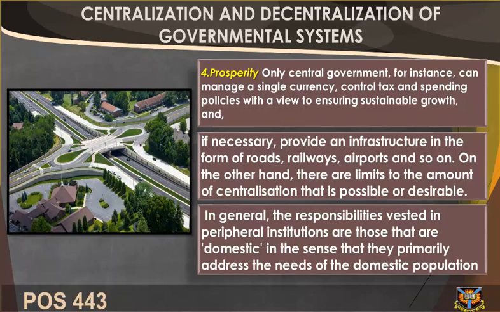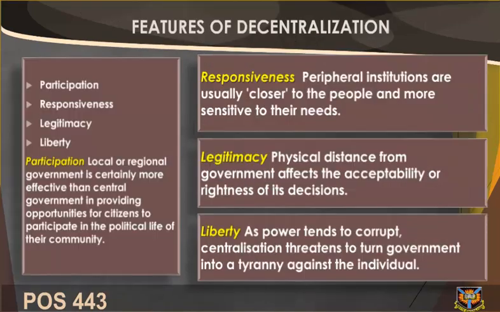On the other hand, there are limits to the amount of centralization that is possible or desirable. In general, the responsibilities vested in peripheral institutions are those that are domestic in the sense that they primarily address the needs of the domestic population.